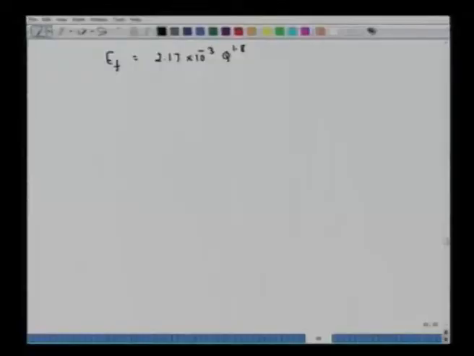So Reynolds number has to be expressed in terms of Q. That's why you get this. So if I write down now the expression, then draft will be equal to 261.33 minus 1.27 into 10 to the power minus 3 Q to the power 1.8.